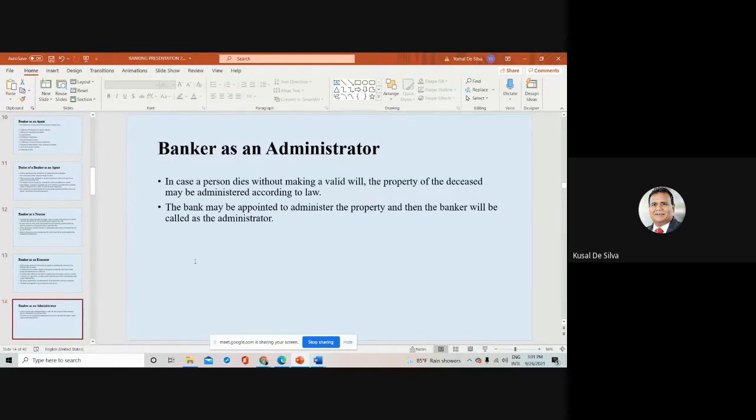If there is a last will, it will be the executor. So they're almost the same role, but two different names based on the availability of the last will. If the last will is available, it is the executor; if not available, it will be the administrator. So that's the difference between administrator and executor.